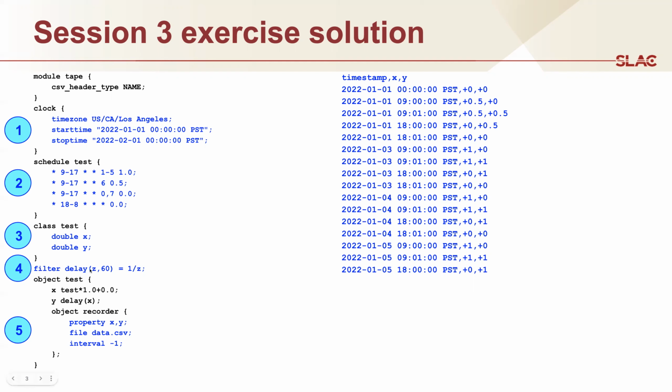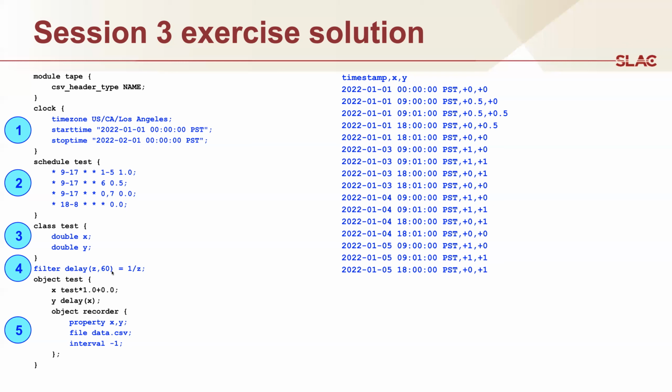And then the next part of this, of course, is creating the filter. If you recall from last week's discussions, a delay filter is simply a 1 over z. Most people, I think, will remember that from their discrete time controls, and if you don't, it's a really easy thing to look up on the internet anyway. Wikipedia page has it. So what we specified is a z domain filter with a 60-second update time.